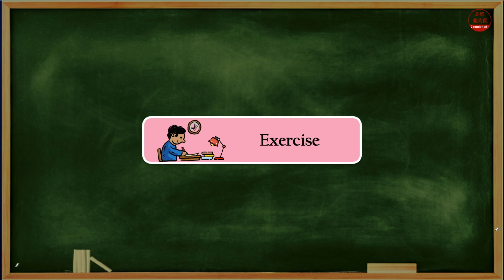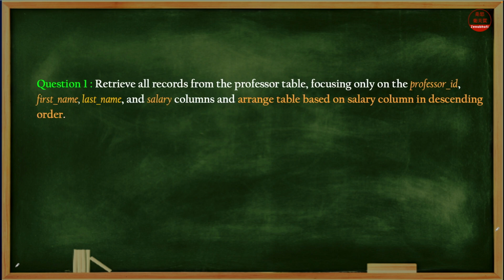Now in our exercise, we're going to implement the concept that we have learned. So the question here is, we need to retrieve all the records from the professor table, focusing on professor ID, first name, last name, and salary columns.